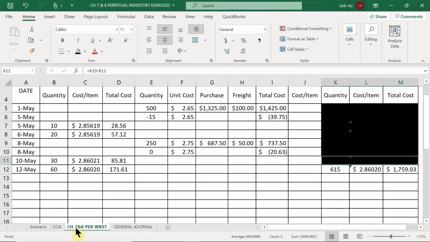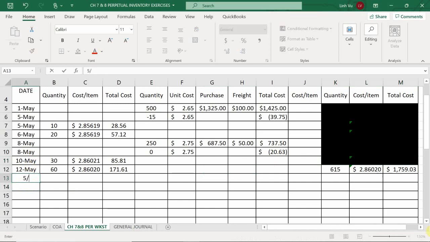So in this case, we're just going to follow through. We sold the items, so now that we're returning the items, instead of looking for the exact date that person purchased it and what it cost me, I'm just going to take my average cost per item right now, which luckily is 2.8602. So in this case, we are okay here.